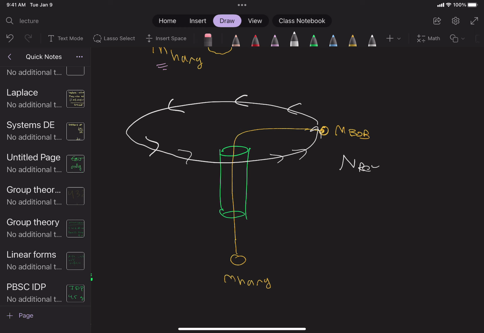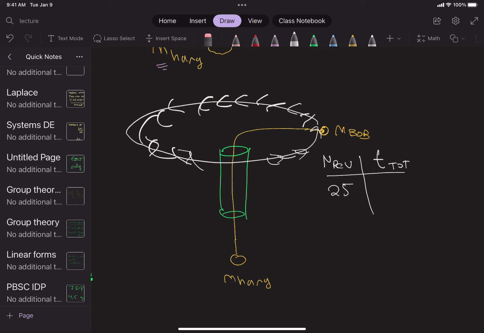So what you're actually going to measure is, for a given number of revolutions, let's say 25 revolutions, how much time it takes for this bob to go around 25 times. I'm going to call that the total time to make those revolutions.